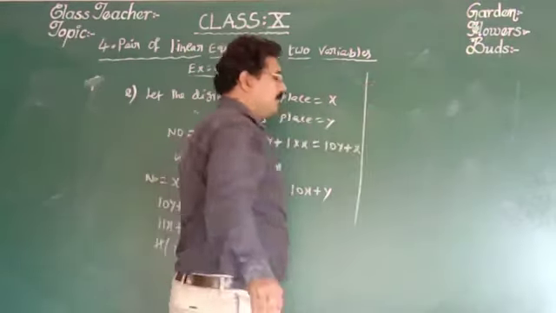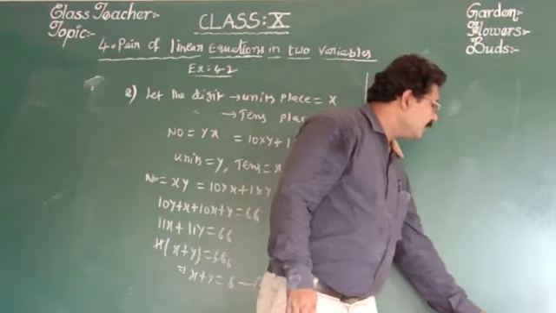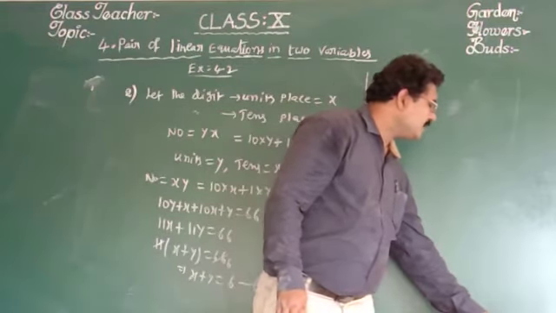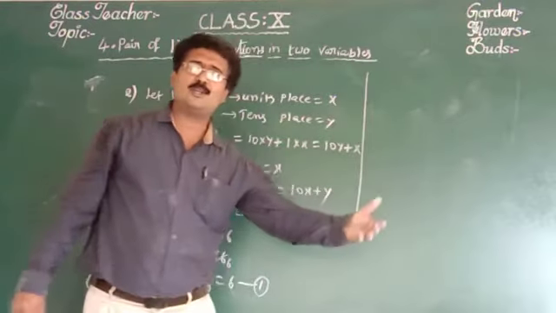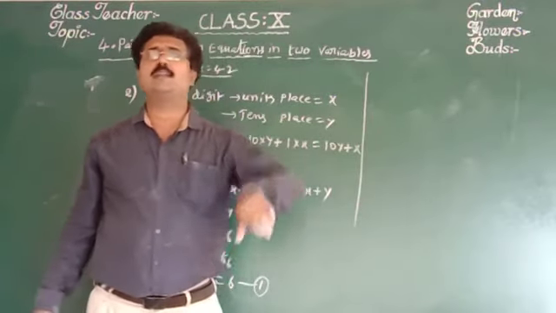Next, the second condition: the digits of the number differ by 2. Differ by 2 means either x minus y is equal to 2 or y minus x is equal to 2.